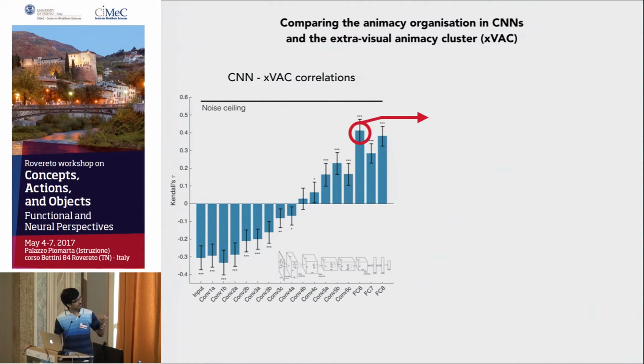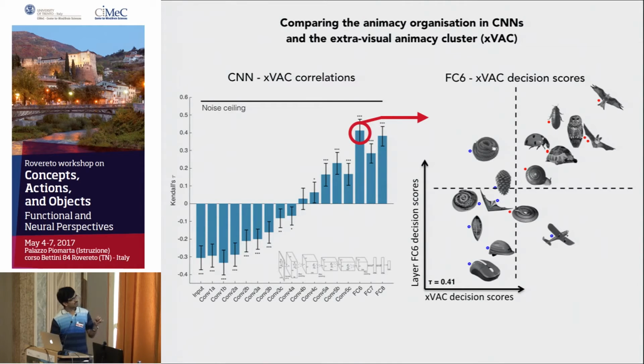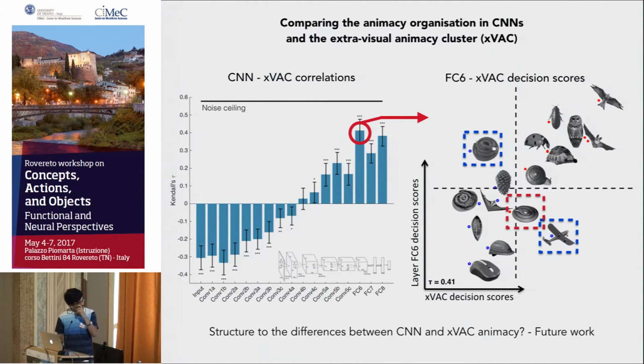Here we visualize one of the layers which has the maximum correlation, and we find that the stimuli line up very well. On the x-axis are the extravisual animacy cluster decision scores, and on the y-axis are the CNN decision scores. But we do find some differences which might have some structure to them. We don't know if they do yet.